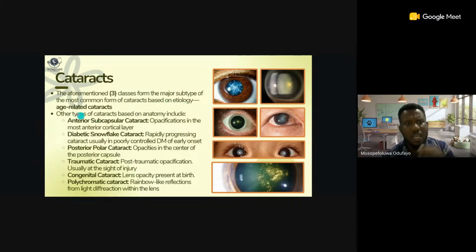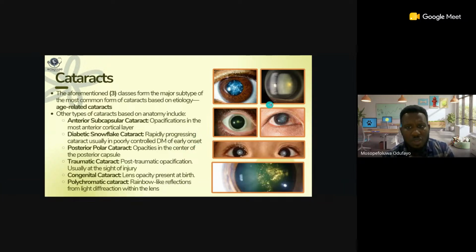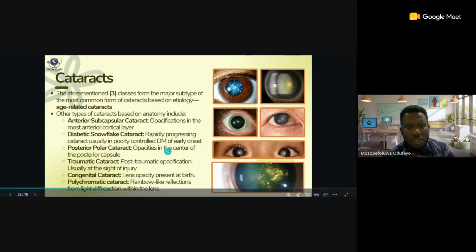Then there are other types: anterior subcapsular, which is opacification in the anterior cortical layer; diabetic snowflake cataract. This is a rapidly progressive cataract, usually due to poorly controlled DM. Everything just becomes like snowflakes in different places. Look at it here. The posterior polar cataract, which is opacities in the center of the posterior capsule.